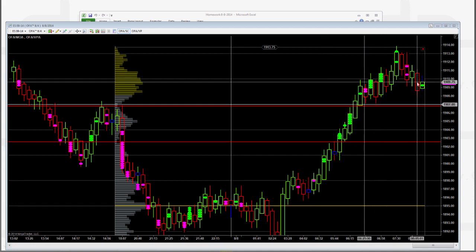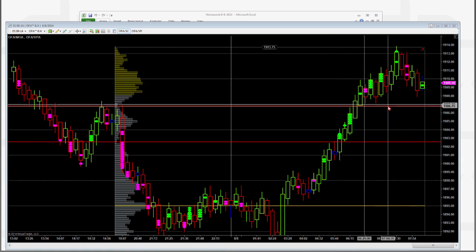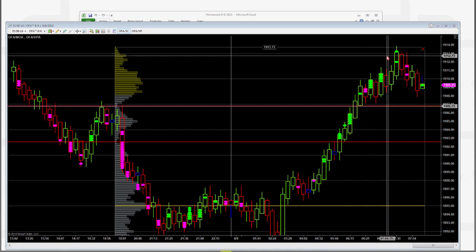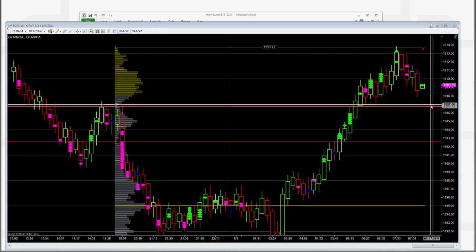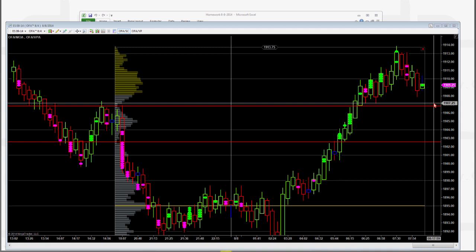So what that means is, since we're above this right now, I'm considering this to be an unfair low, especially given what price has done so far. So what that means this morning is I will look for a trade in this area between 1906.75 and 1907.25.